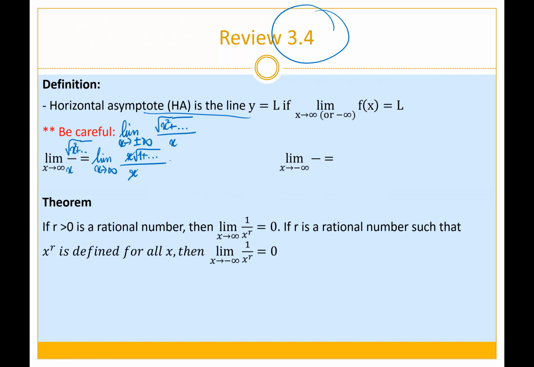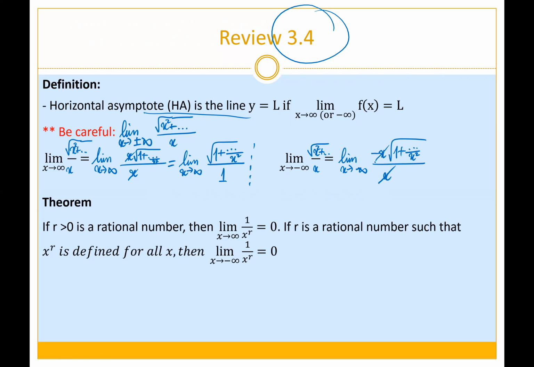So it will essentially cancel out, and that's the limit as x approaches infinity of the square root of 1 plus that something over x squared, divided by 1. However, if you have the limit as x approaches negative infinity of the square root of x squared over x, this is the limit as x approaches negative infinity of negative x times the square root of 1 plus something divided by x squared, and then divided by x.